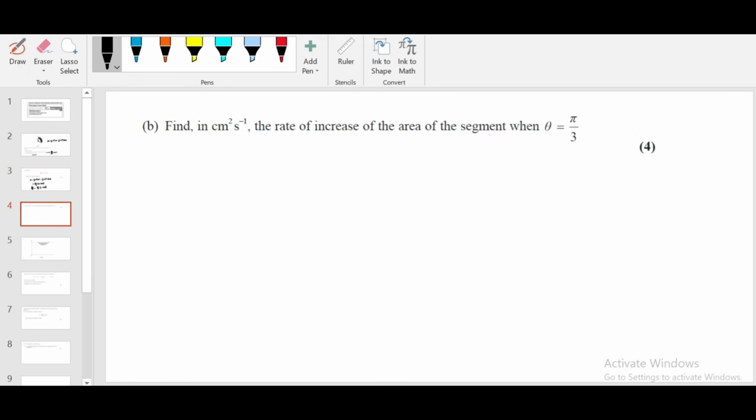Let's move on to part B. Find in centimeter square per second the rate of increase of area when theta is this. You need to use this formula, dA by dt, whenever they say the rate of increase of area.